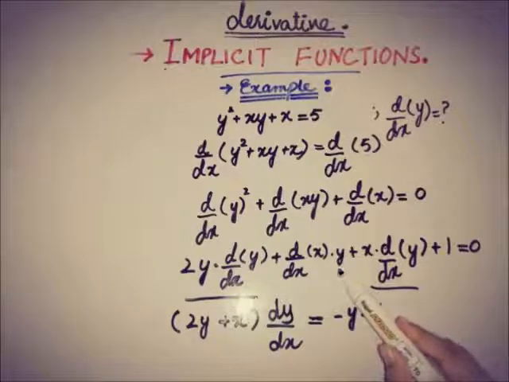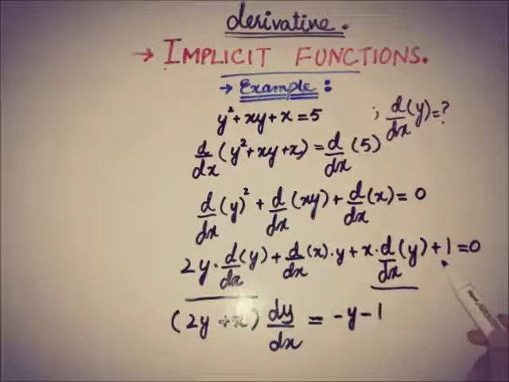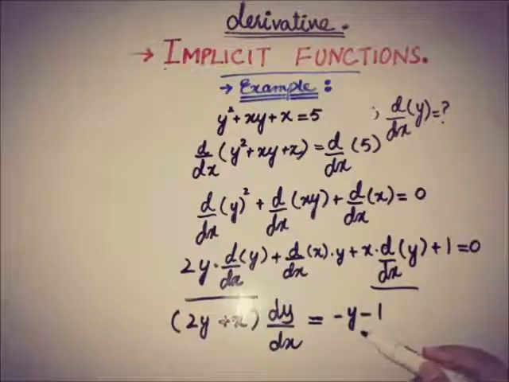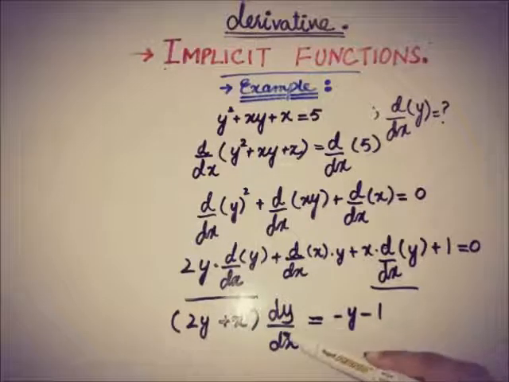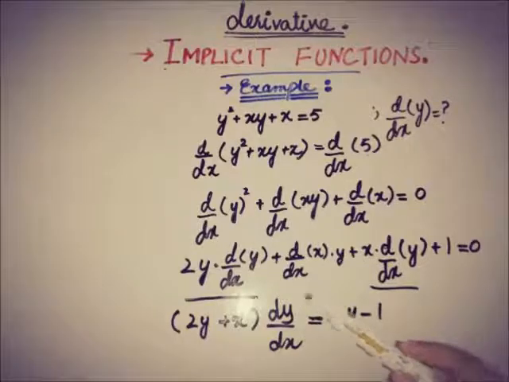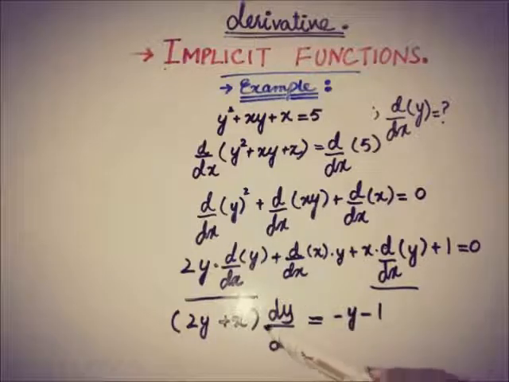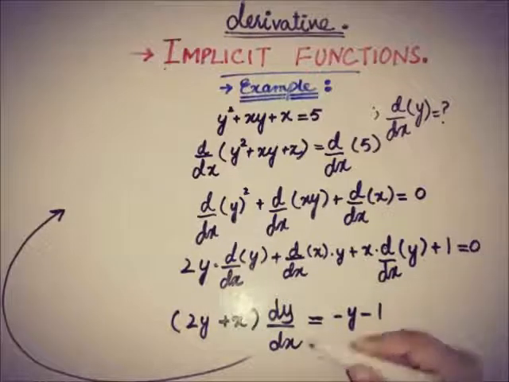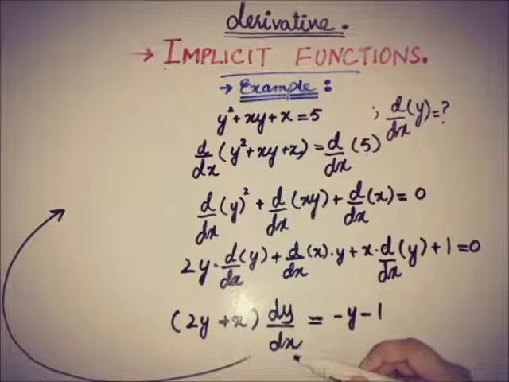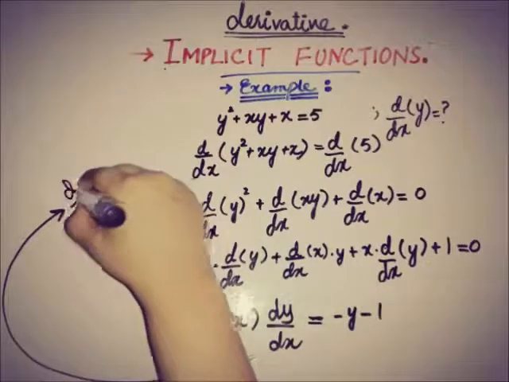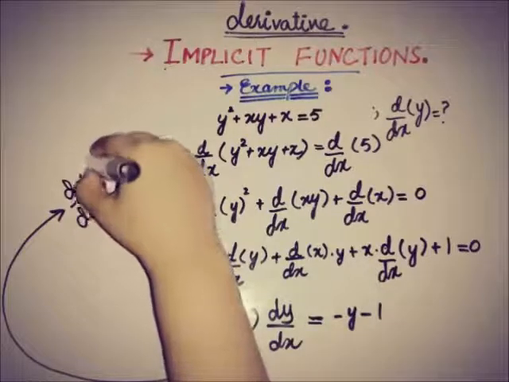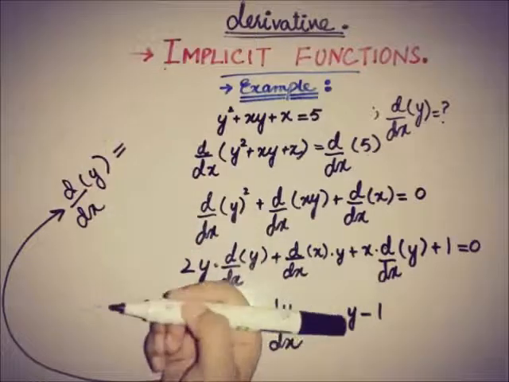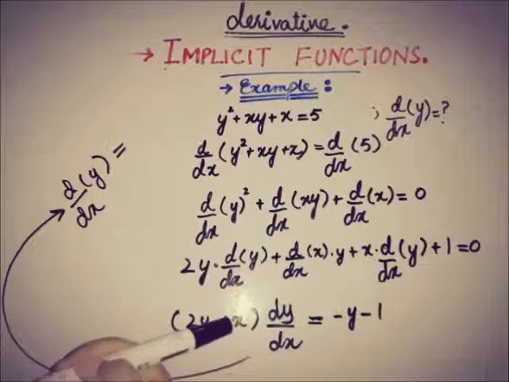This positive y and this positive 1, while going to the other side, become negative y and negative 1. Then to find the value of dy by dx, 2y plus x will also go to the other side, and so finding the final value, dy by dx, thus it will be d by dx of y is equal to minus y minus 1 divided by 2y plus x.